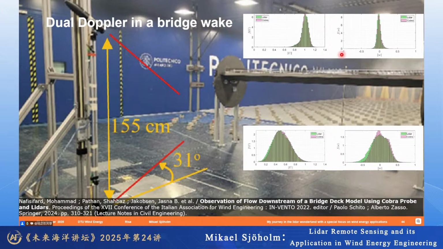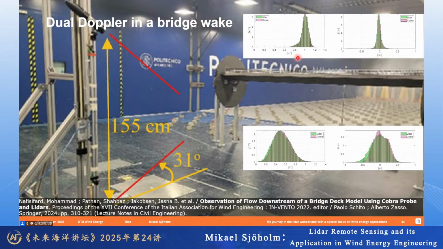And then we can measure the wind speed both with this LiDAR and compare it with some pressure-based Cobra probe measurements. So you have up here the actual component well above the bridge, so it's not really affected by the bridge.